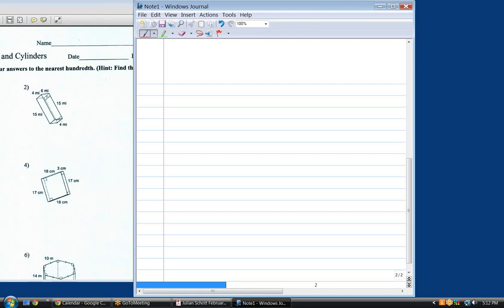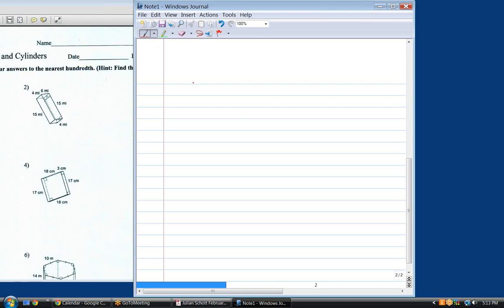This rectangle is the same as this rectangle. This rectangle is the same as that rectangle. And then the top rectangle is the same as the bottom rectangle. So when you're dealing with what I call a rectangular brick, it's just the 3 dimensions times one another. Let's say it's a prism because this base here is the same as this base up top.